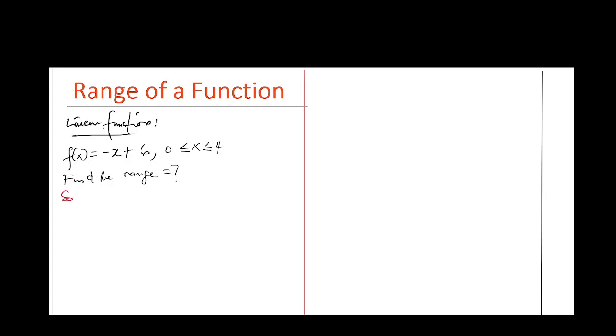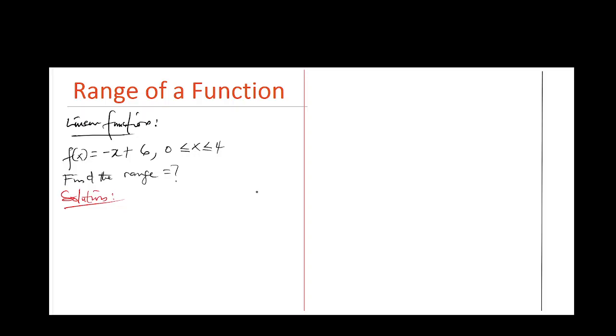Solution. In this example, you will notice that the function is negative, meaning that the line segment of the graph is going to be inverse and it's not an infinite line.